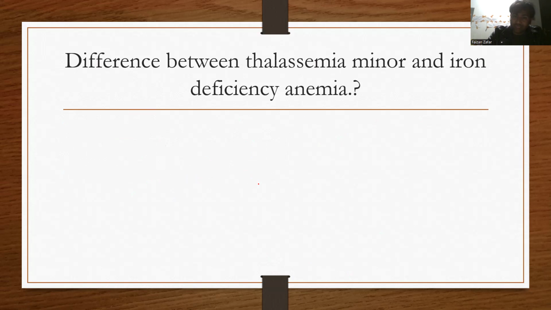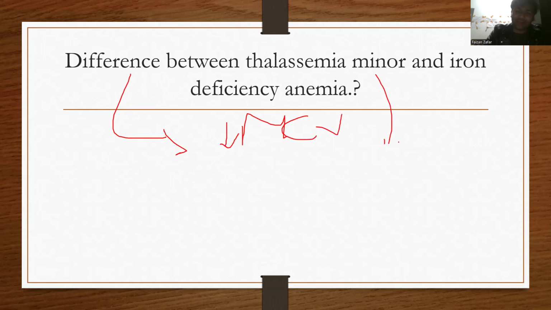Okay, so what is the difference between thalassemia minor and iron deficiency anemia? Both typically present with microcytic anemia, so MCV will be decreased in both. But in thalassemia minor, the RBC count will be normal or increased.